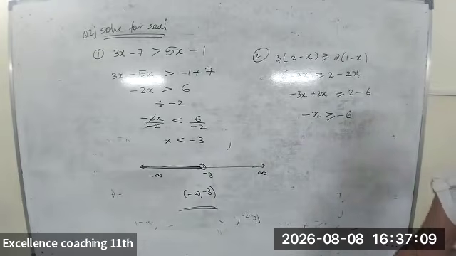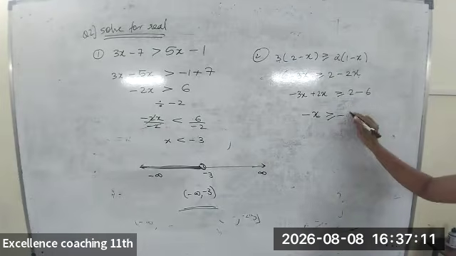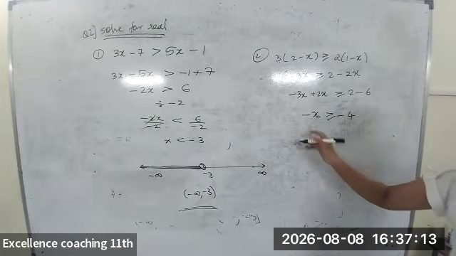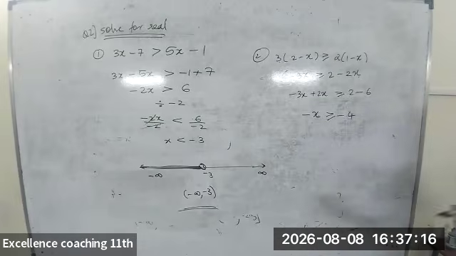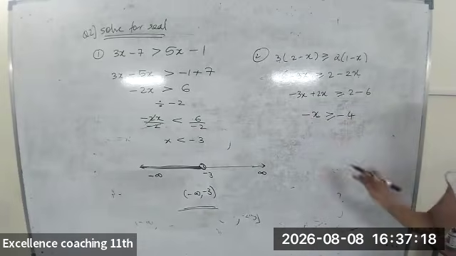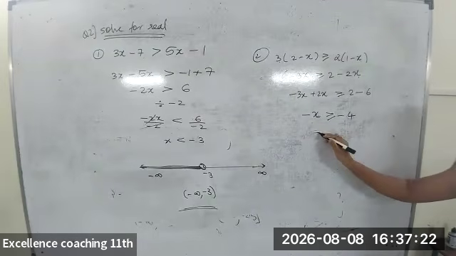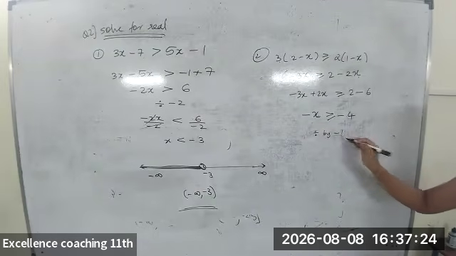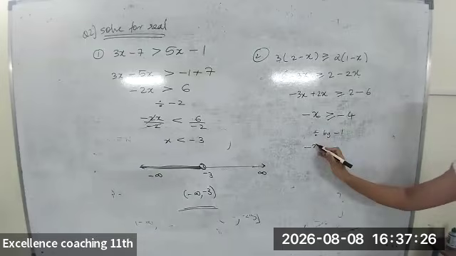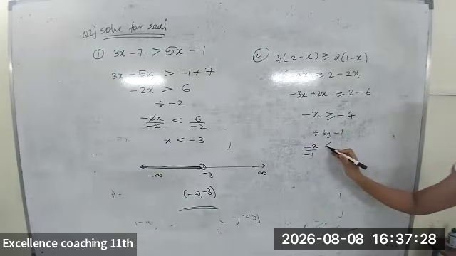Now here, -4, sorry. Now here this is minus. So either you divide it by -1 or you multiply it by -1, whichever way. So the sign will change now.